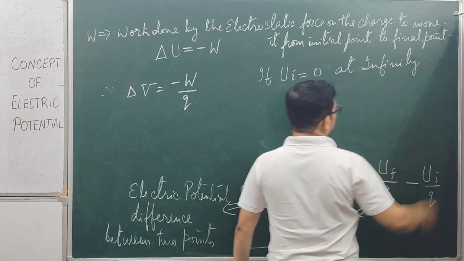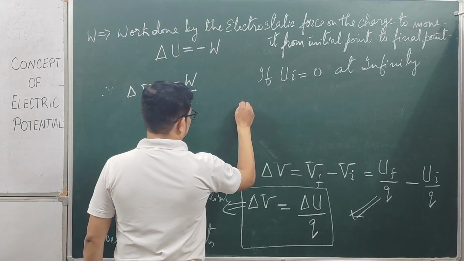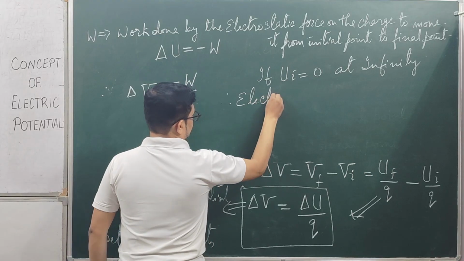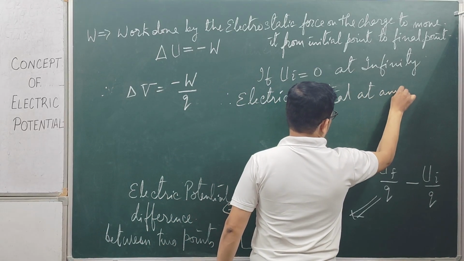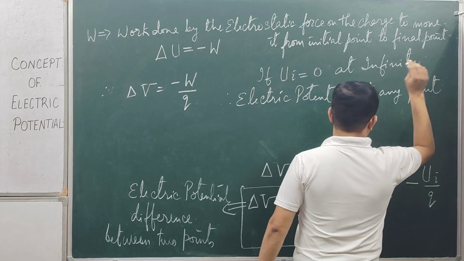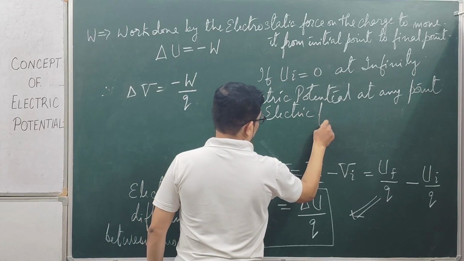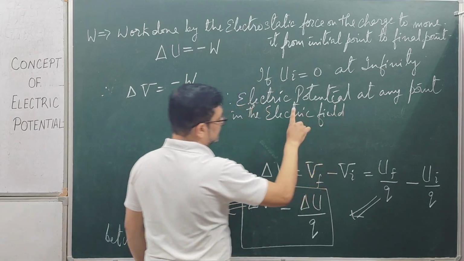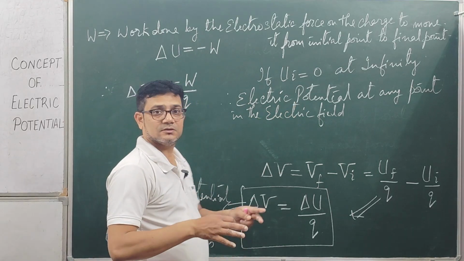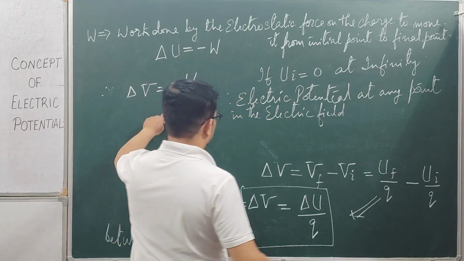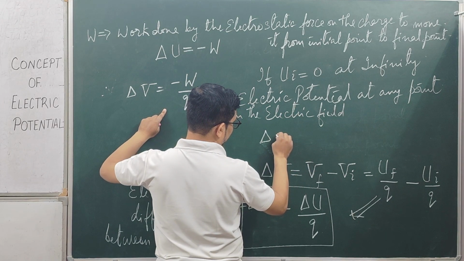So we can have a generalized definition of electric potential at any point in the electric field as the work done by the electric field in moving from infinity to that point in the electric field. So we are getting this V, right?